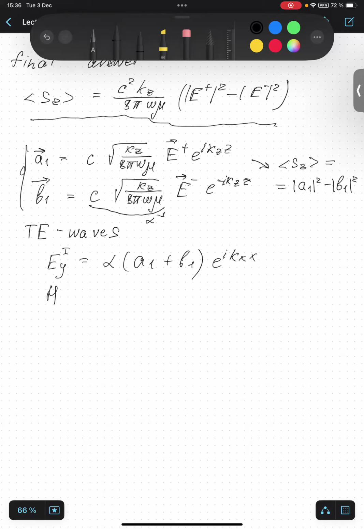And the magnetic field, we are interested in.